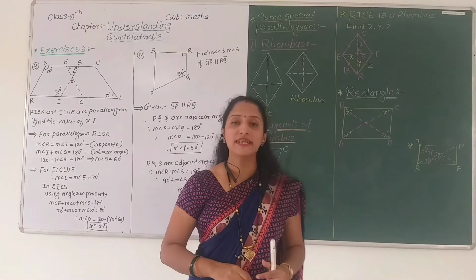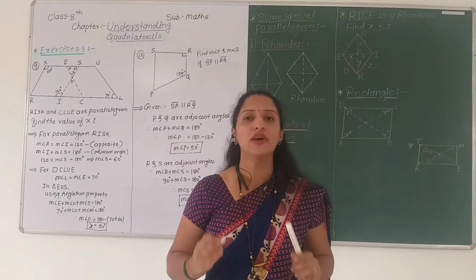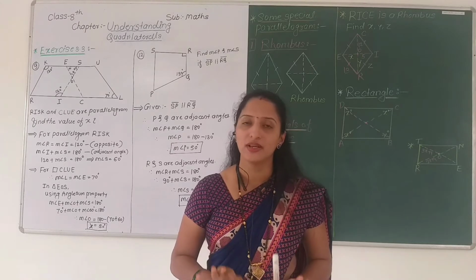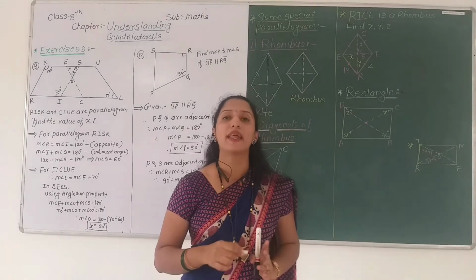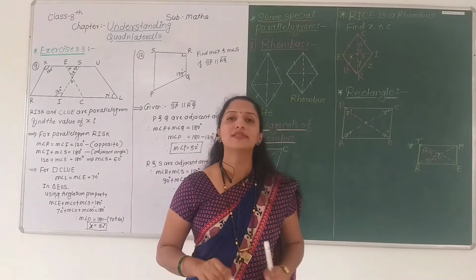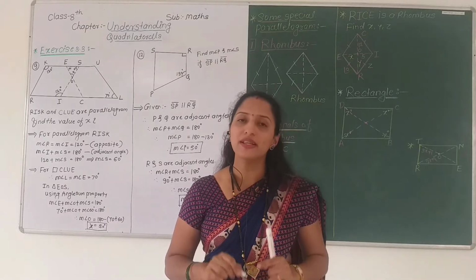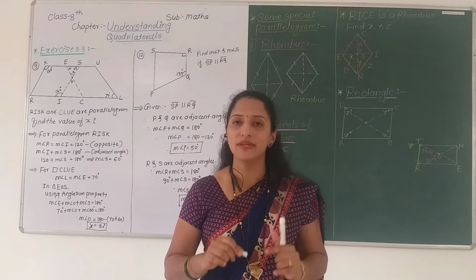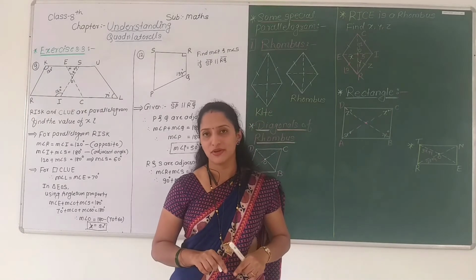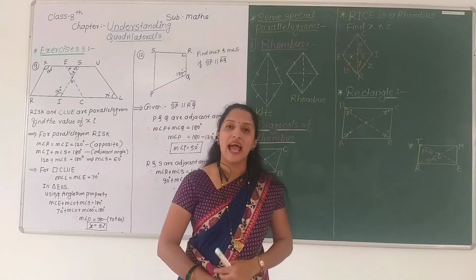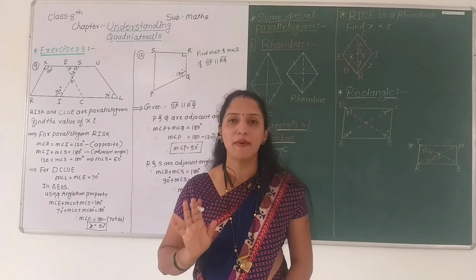So rhombus is a parallelogram having all sides equal. Rhombus is also a parallelogram, but if all sides of the parallelogram are equal, then only this parallelogram is called a rhombus. Okay. So rhombus has all the properties of parallelogram.